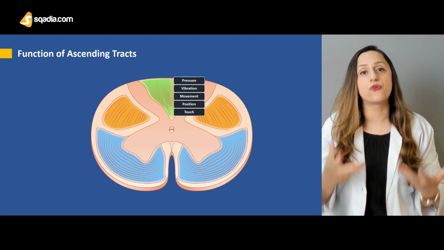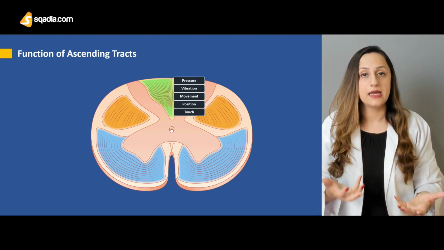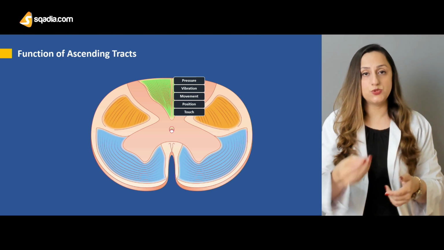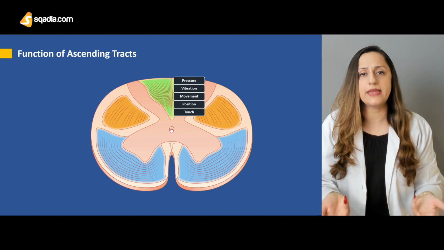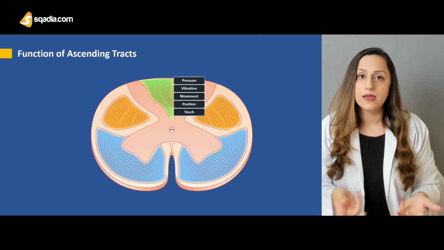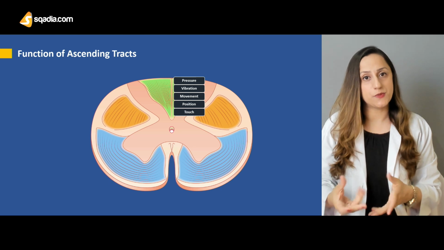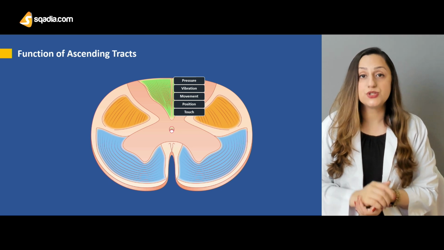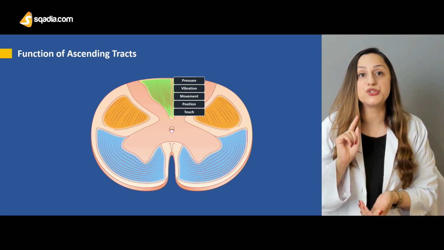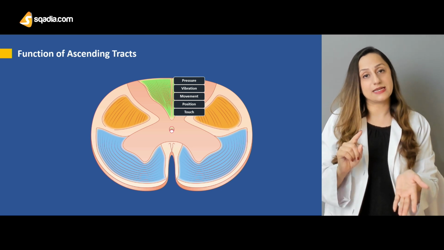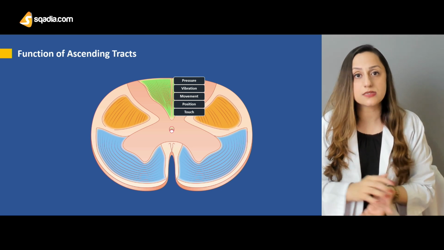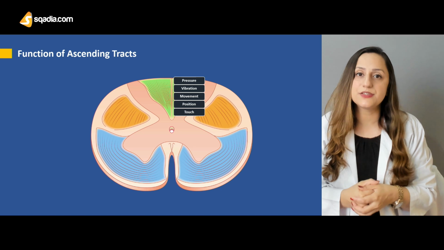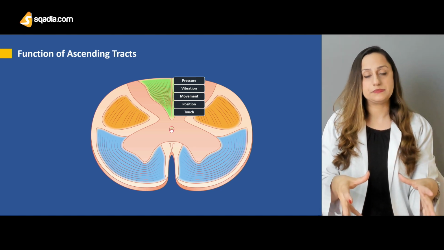And whenever there is something wrong with the tract that is taking up this information of discriminative touch, and you ask that individual to hold, for instance, a common object such as a key, and to identify it just by touching it, and he's unable to do so due to a lesion in the dorsal column involving the fasciculus gracilis and cuneatus, or either one of them, this information is being lost, and he or she is unable to identify objects just by touching them.